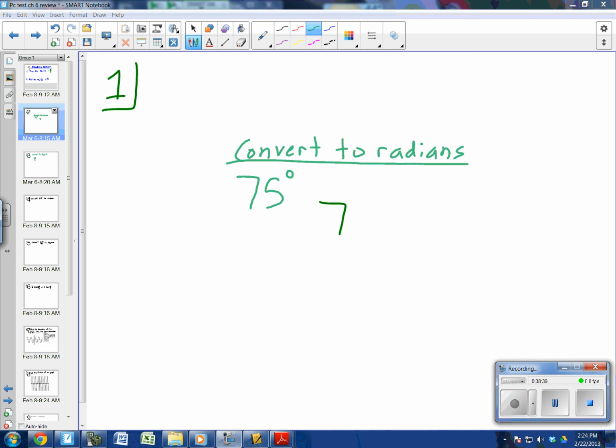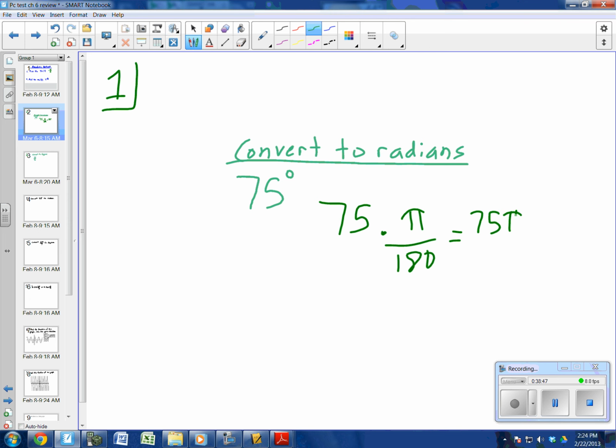Okay, we're going to take 75 and times it by pi over 180. And we're going to get 75 pi over 180. The only thing is we need to reduce the fraction. I can tell right now, since that ends in 5 and that ends in 0, 5 goes into it. I know 5 will go into 75 15 times.